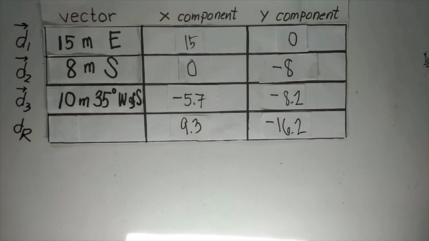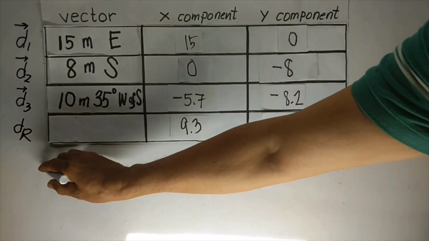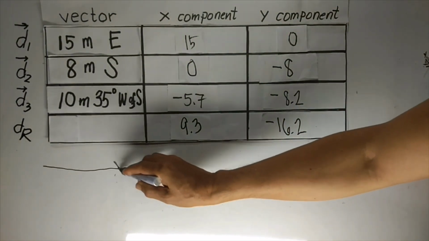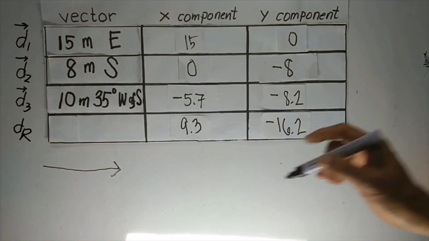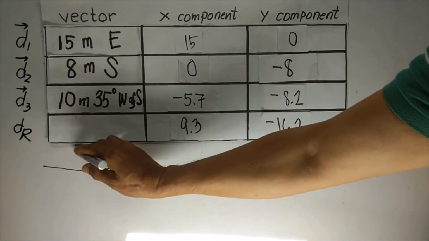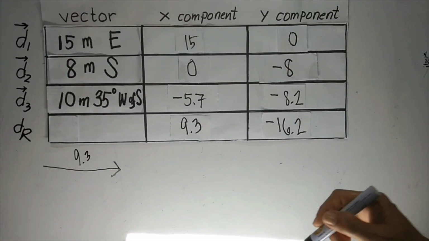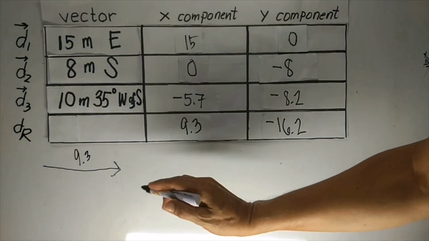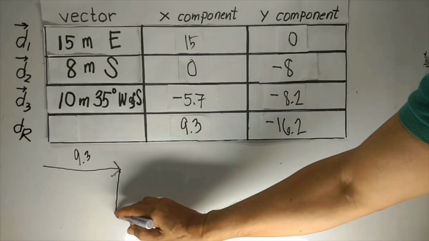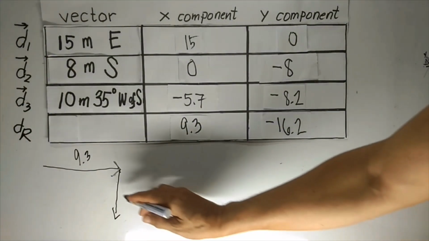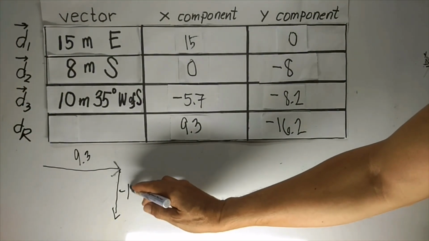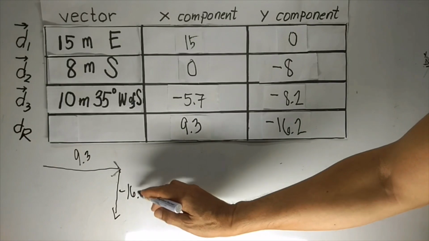Plotting the summation of x and y components, for x this will be 9.3, and the y is negative, so going downward, this will be negative 16.2.